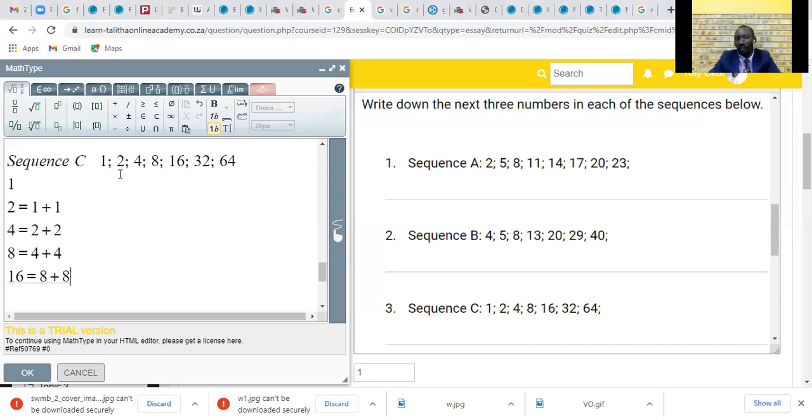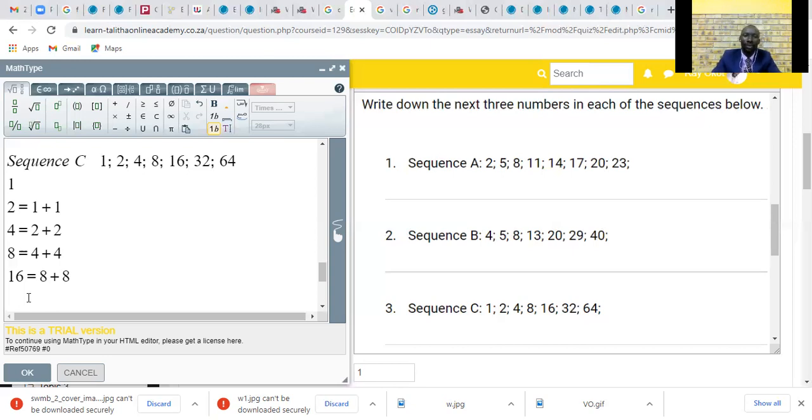Do you see that? Yes, the pattern is that of multiplying the previous term by 2. So for sequence C, actually the formula is to multiply the previous term by what?